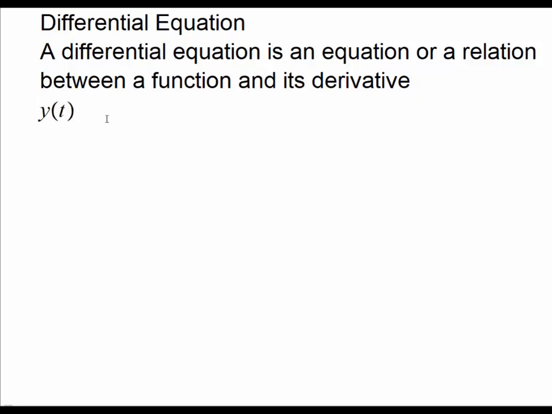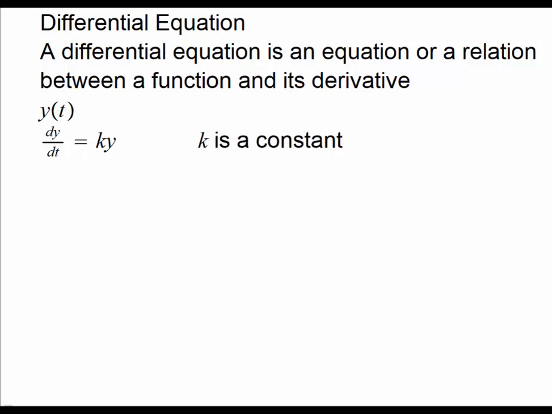So, for example, let's consider y, which is a function of t, and a differential equation that is dy/dt, that is the derivative of y with respect to t, equals k times y, where k is a constant.